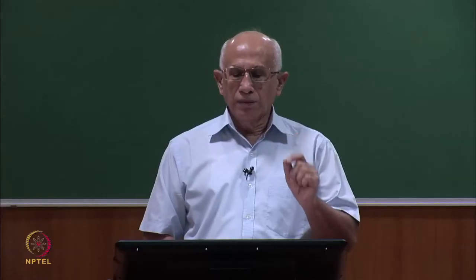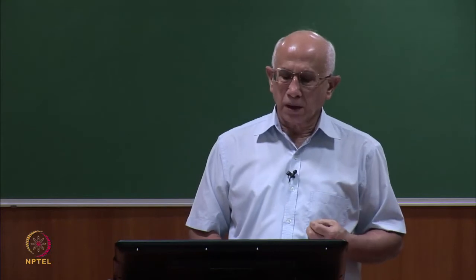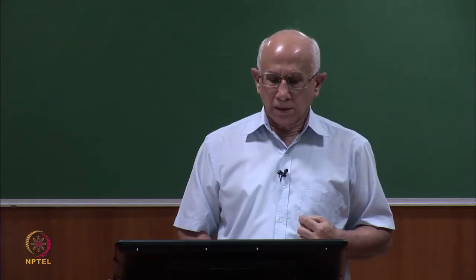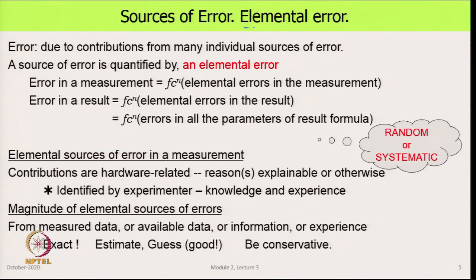So, every individual reason why there is an error in a measurement is called an elemental error. And every factor that causes an error is called a source of error, or sources of error. Now, this is something you have learnt in school.